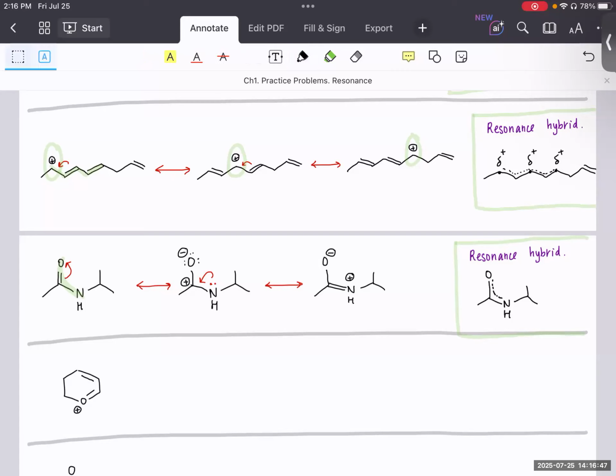And then here we're going to have multiple charges because that oxygen had a delta minus at some point. Then this carbon right here had a positive charge on one of the structures, so we'll put a delta positive. And then that nitrogen also had a partial positive charge because it had a positive charge in this last structure that we drew out.